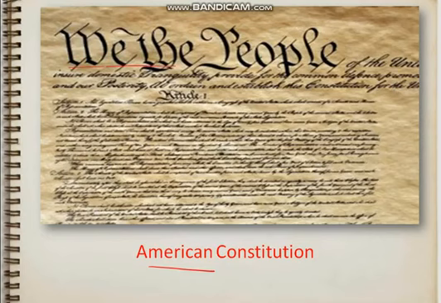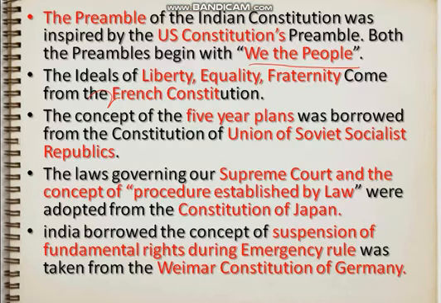Here also you can see we the people, and the Indian constitution also starts from we the people. The idea of liberty, equality and fraternity comes from the French constitution. Fraternity means brotherhood.